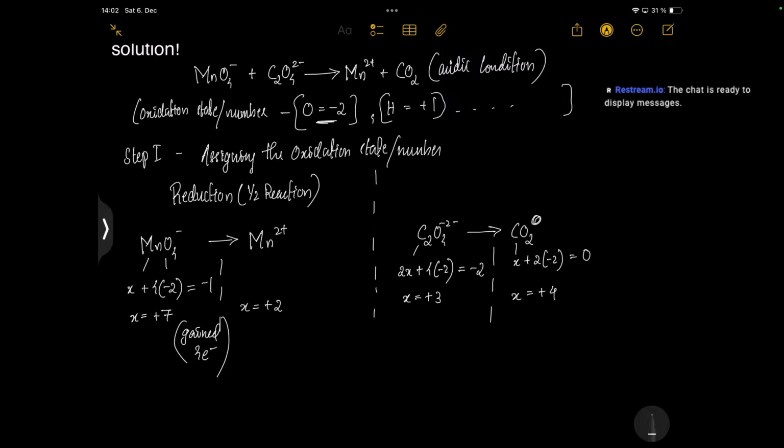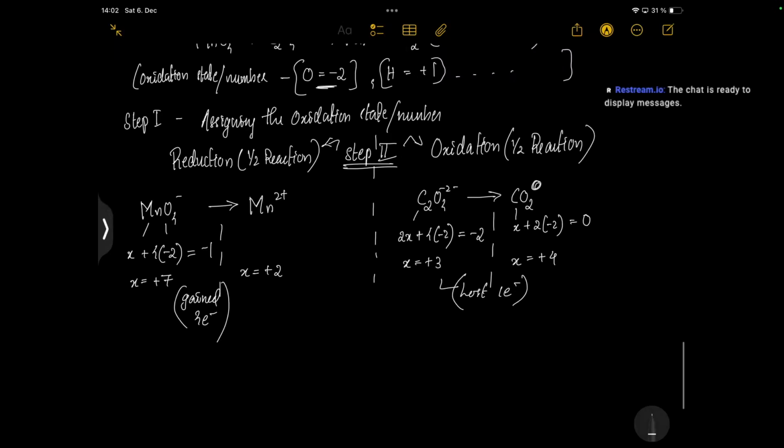So from +3 to +4, it lost 1 electron per carbon. Losing electrons means oxidation, so this is the oxidation half reaction.